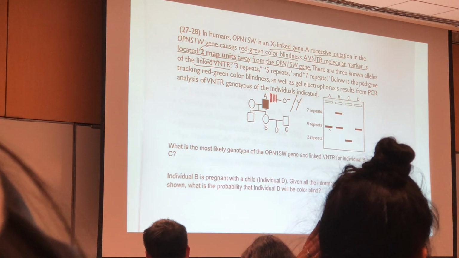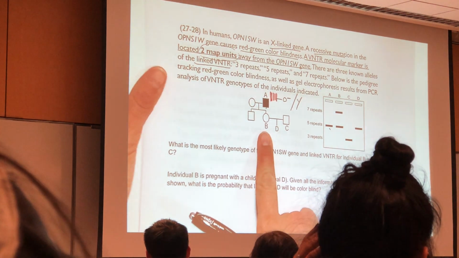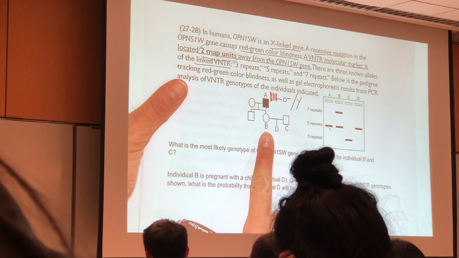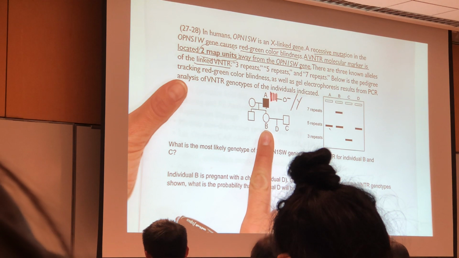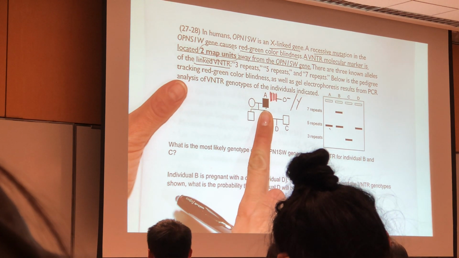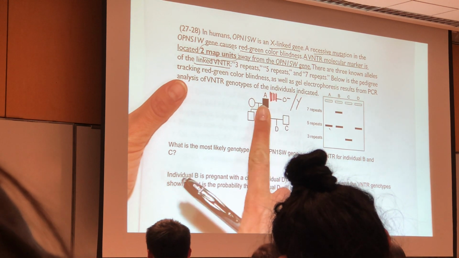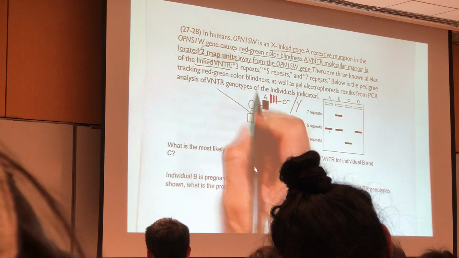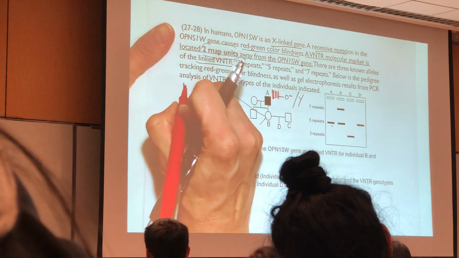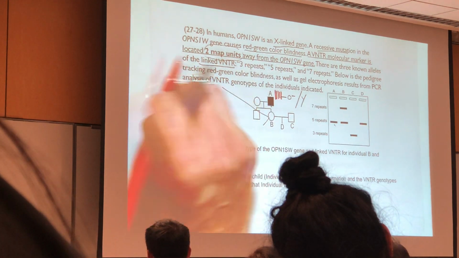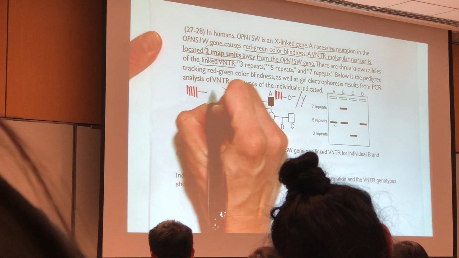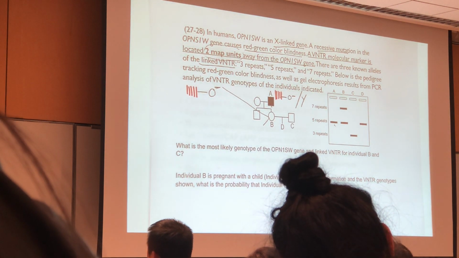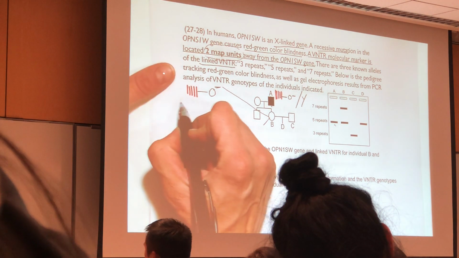Individual B is a female because she's a circle. She inherited one X chromosome from the father, presumably this one, that's the only one he has to give. So if we look at individual B, we have an X chromosome with 1, 2, 3, 4, 5 repeats, and on that X chromosome is the null allele of the OPN1 inherited from his father.